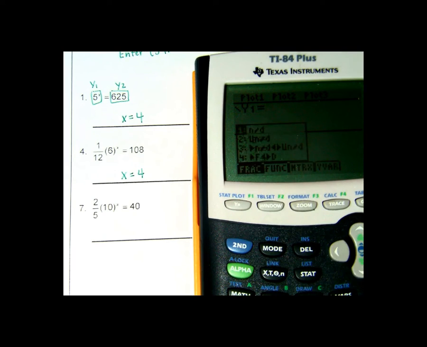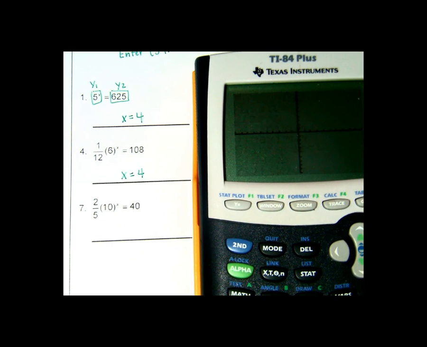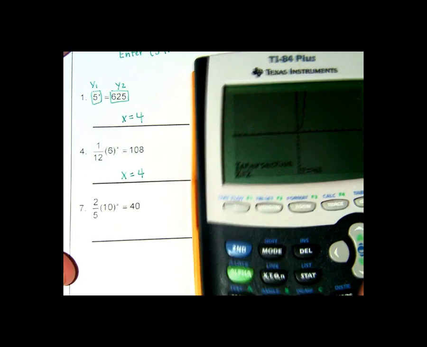Alpha y equals, enter, 2 fifths, parentheses, 10 to the x power, over, and then I've got 40. Second, trace, 5. Wait. 1, 2, 3 times. x equals 2.